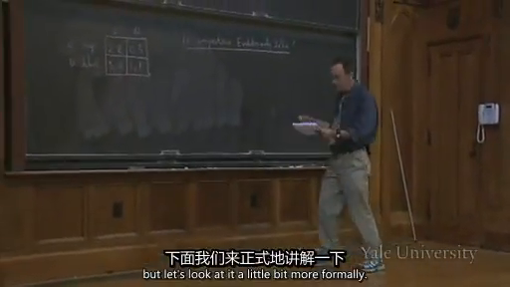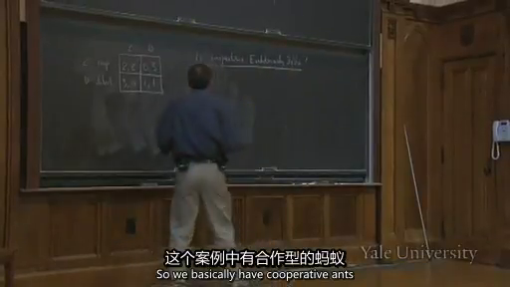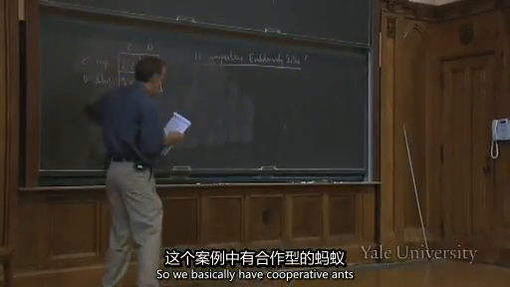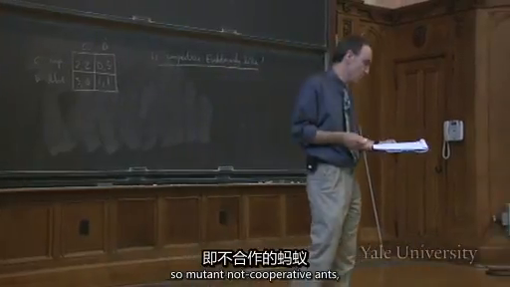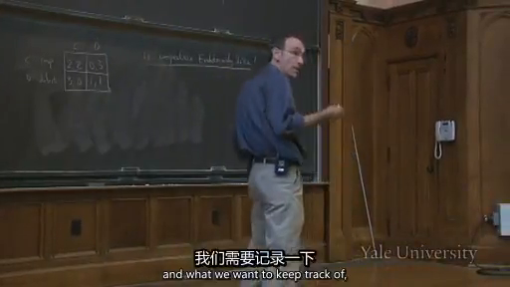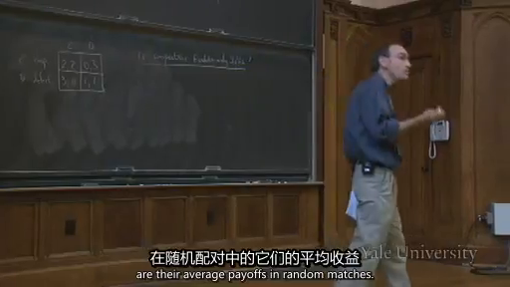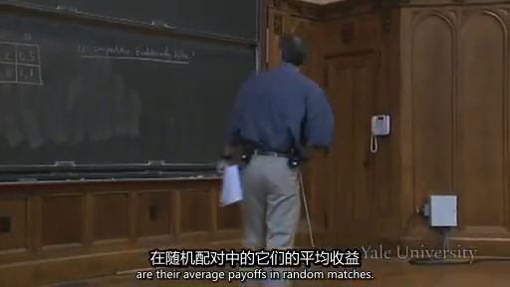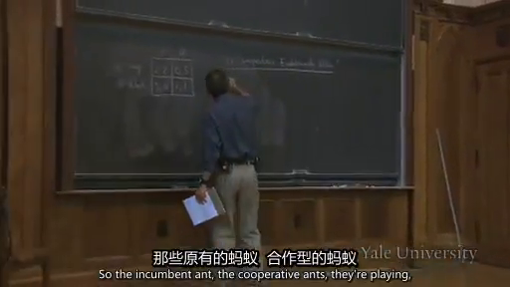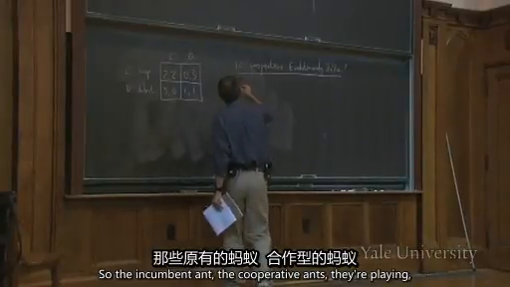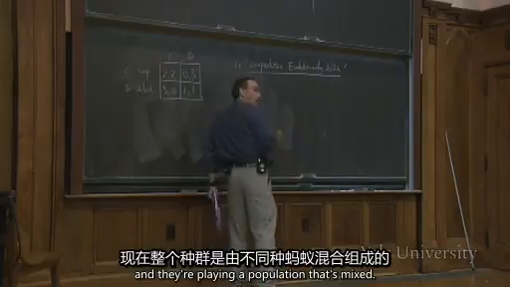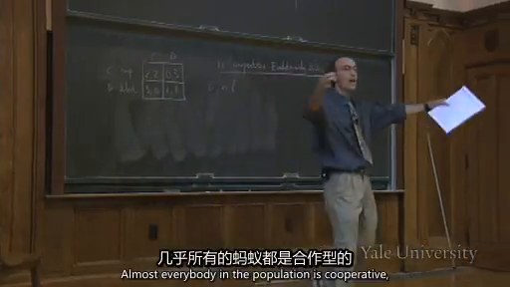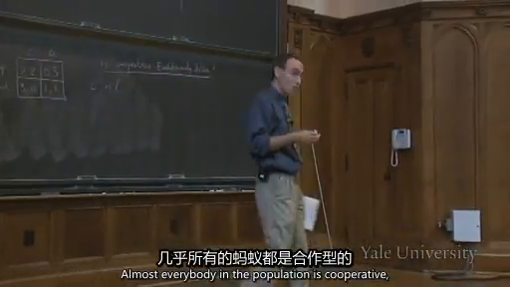But let's look at it a little bit more formally. We basically have cooperative ants and a few mutant defector ants out there, so mutant not cooperative ants. And what we want to keep track of are their average payoffs in random matches. The incumbent ants, the cooperative ants, we're interested in their payoff, and they're playing a population that's mixed. Almost everybody in the population is cooperative.